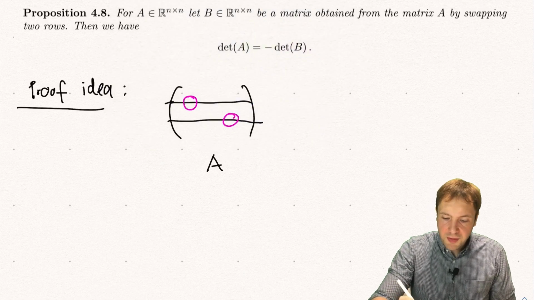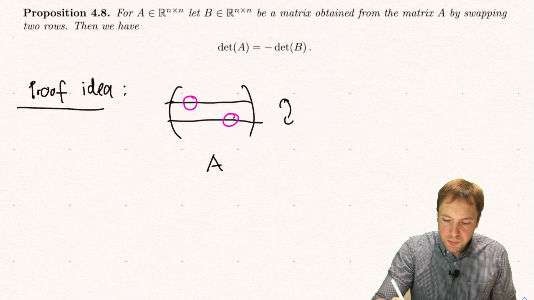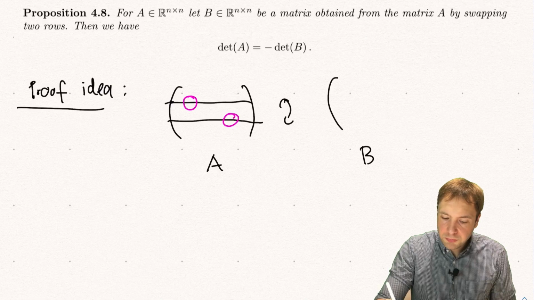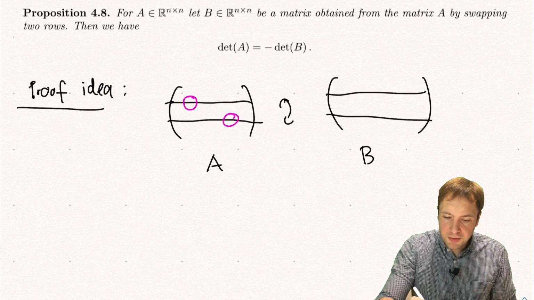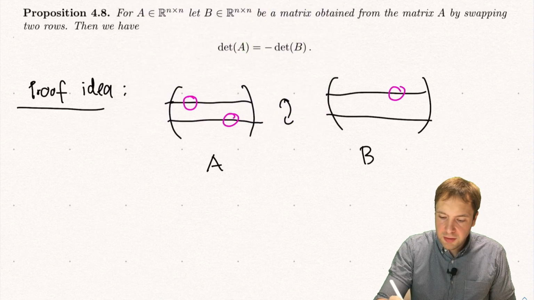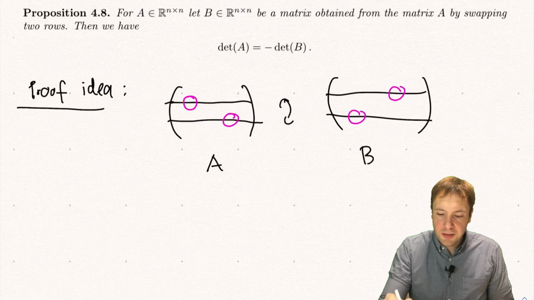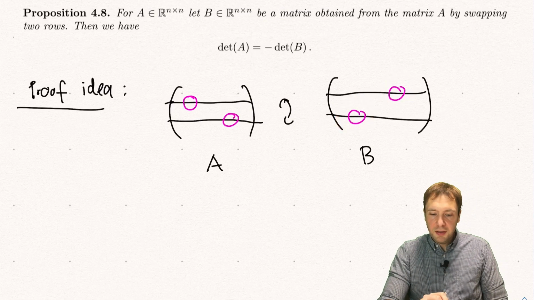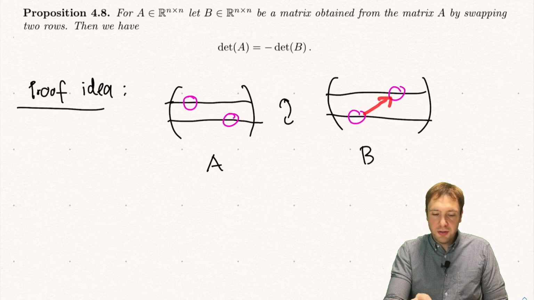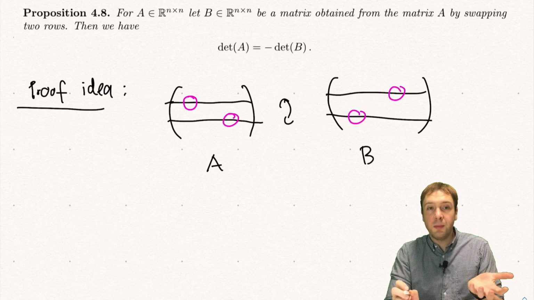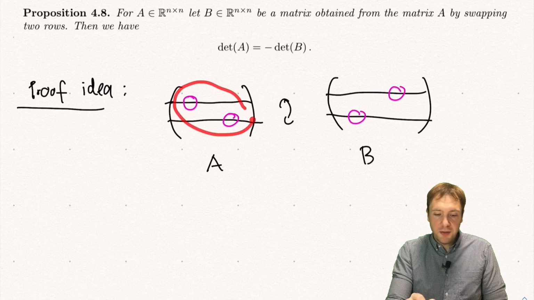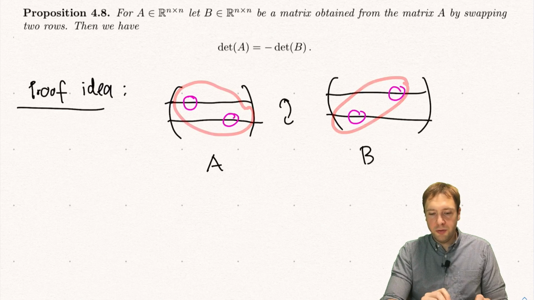Now assume that I swap these two rows to get the matrix B, then this pattern exactly corresponds to a pattern where I now choose this element here and this element here. And you see here that this gave us an inversion. When some choice is on the top right of some other choice, then this always increases the number of inversions by 1. So if there's no inversion here, then there will be an inversion there.